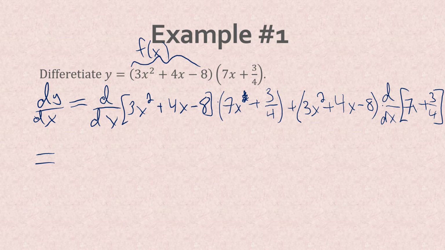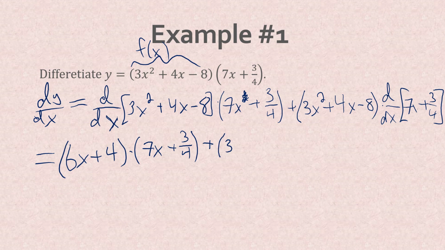Then we just use our appropriate derivative rule. So the derivative of the first with respect to x is 6x + 4 times the second, which is 7x + 3/4, plus the first, times the derivative of the second.